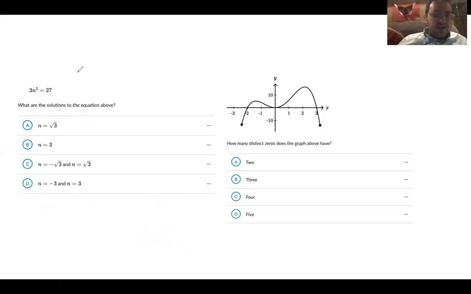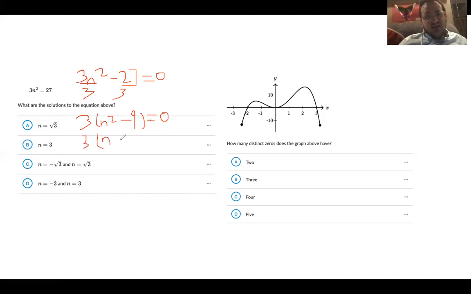What an Algebra 2 teacher would tell an Algebra 2 student to do is 3n squared minus 27 equals 0, and we would pull out a GCF of 3. If you are in Algebra 2, you might recognize a factoring method called difference of two squares.